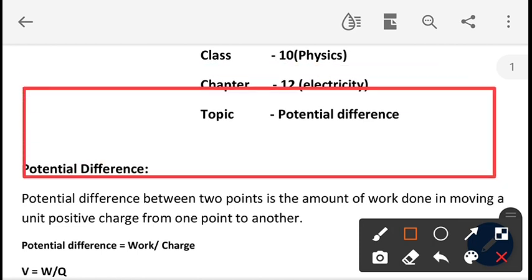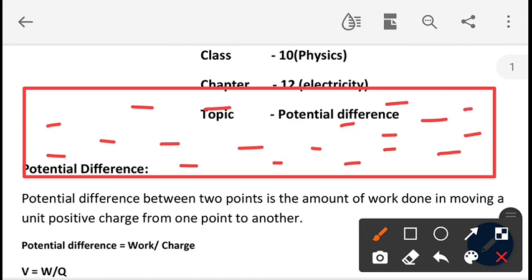There are positive charges also, but we are discussing only the electrons. These electrons are continuously flowing in the conductor by this battery.